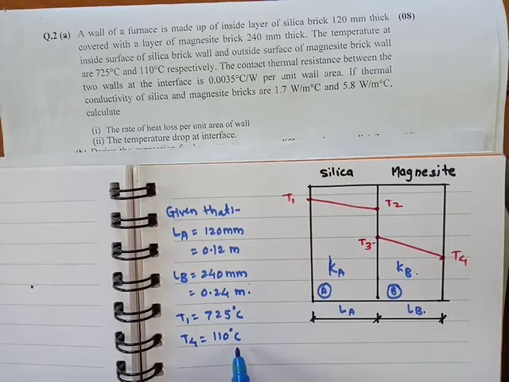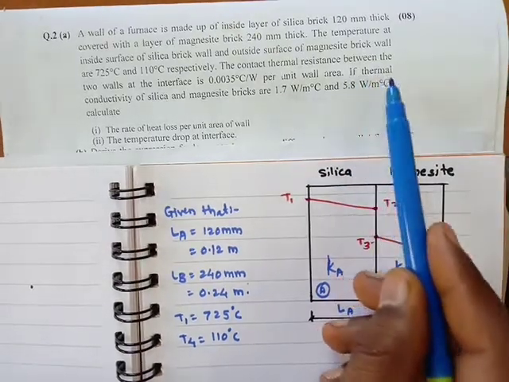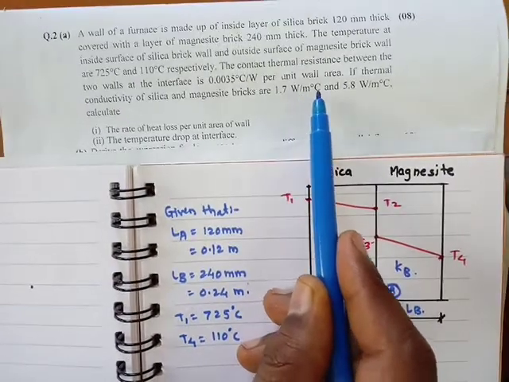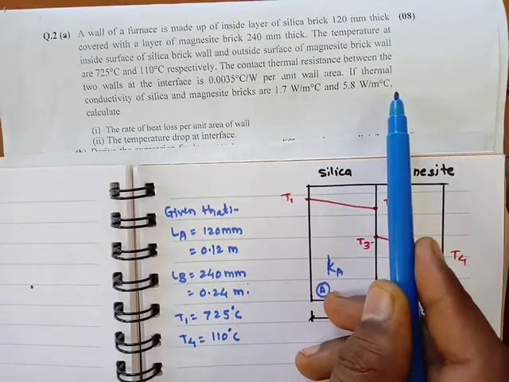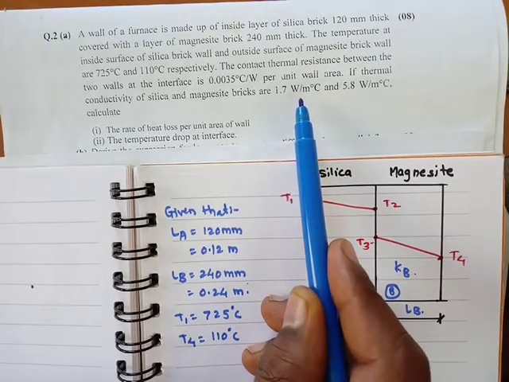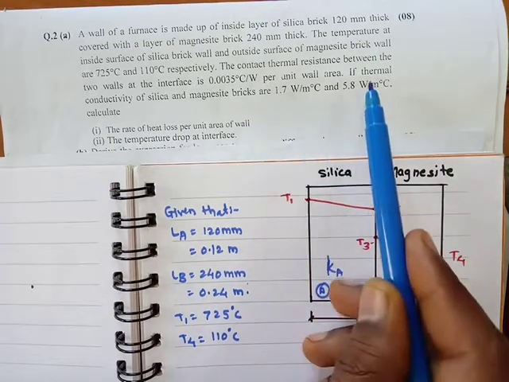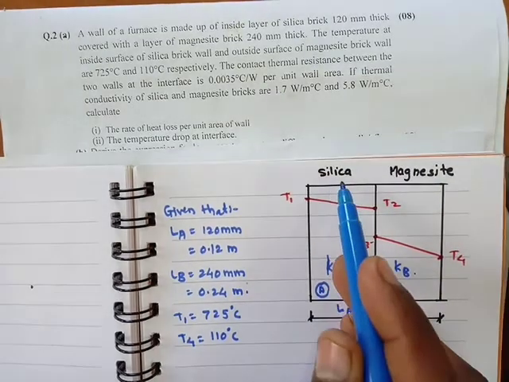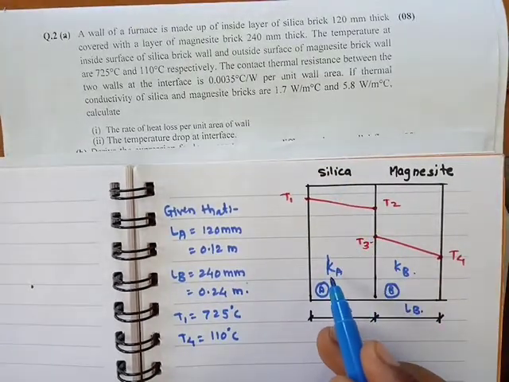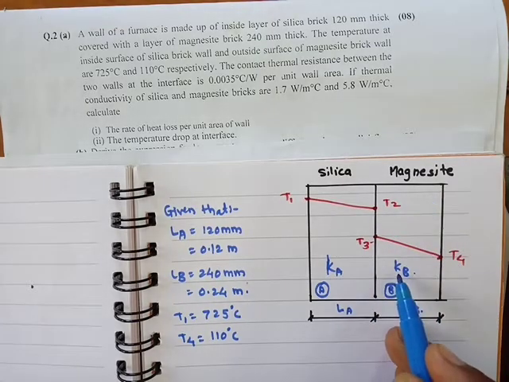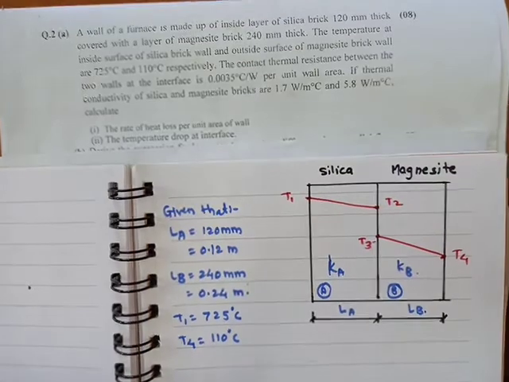Now, the thermal conductivities of silica and magnesite bricks are 1.7 watt per meter degree Celsius and 5.8 watt per meter degree Celsius. These are the given values of thermal conductivity of silica and magnesite. We have indicated the silica brick thermal conductivity as Ka and the magnesite brick thermal conductivity as Kb.